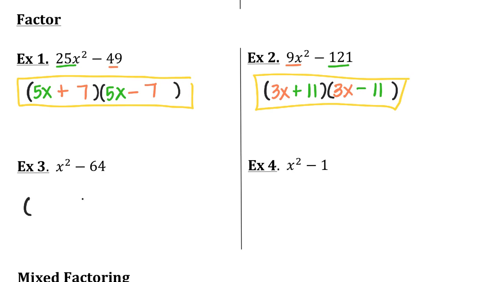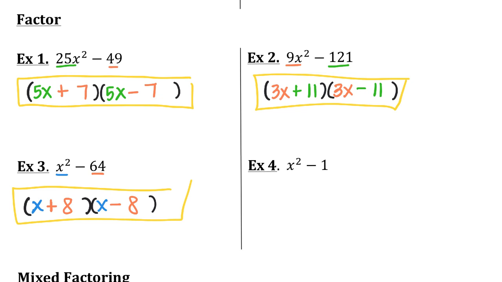This looks like a difference of squares too. Okay, since this is x to the second, it's x times x. This is negative 64, so it's got to be a positive and a negative. To get 64, 8 times 8. And remember, the middle terms cancel. That's why there's nothing there.